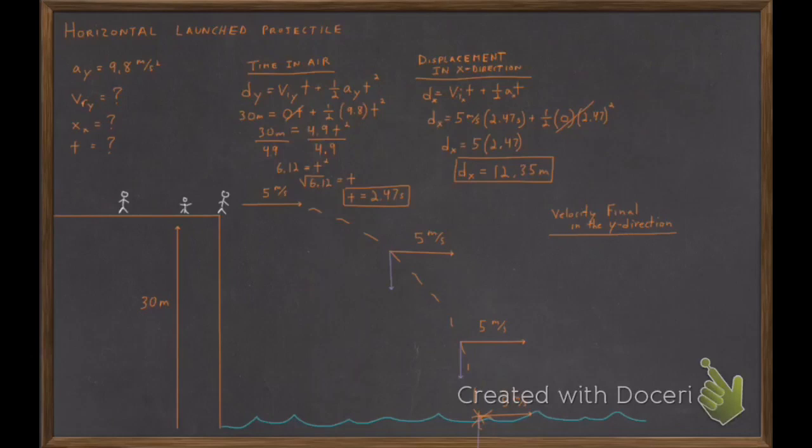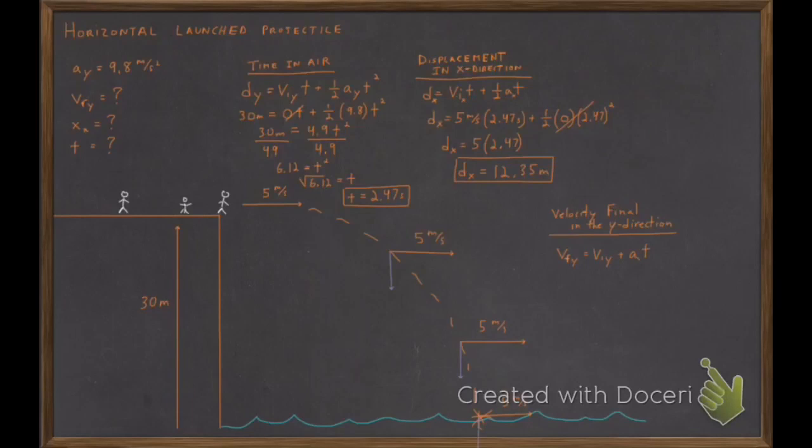Well, let's look at all of our equations and see where we have a variable, just v final. Alright, well, we see if we have the time and the acceleration, we can calculate v final. So we'll use vf in the y direction is equal to vi in the y direction plus at.